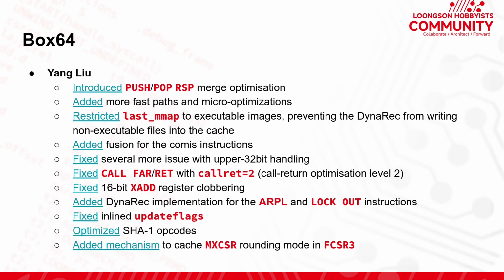These instructions need to increment or decrement the ISP register, but we don't need to update the ISP register in every instruction. We only need to do it once at the beginning or at the end. So this is the optimization. We merge the ISP update into one add or sub.